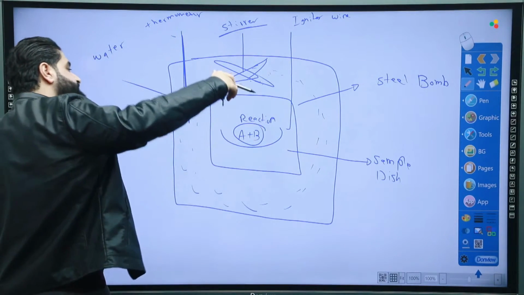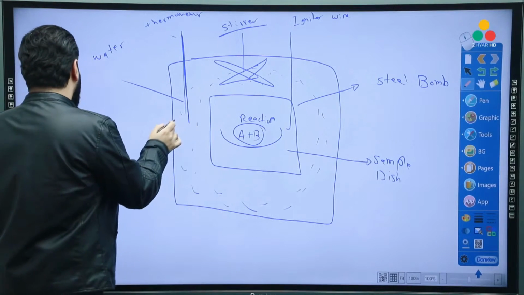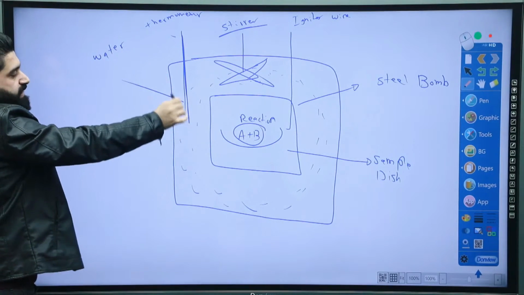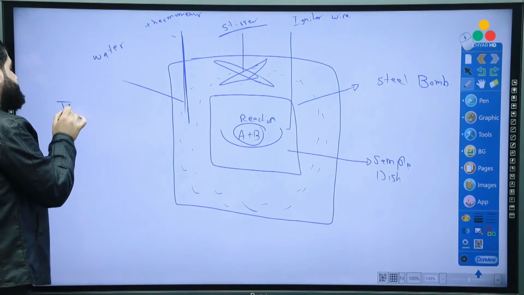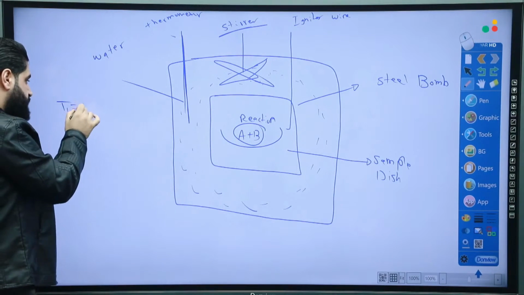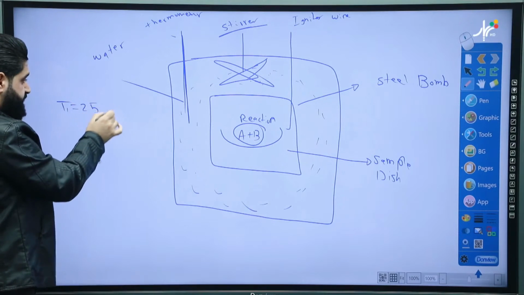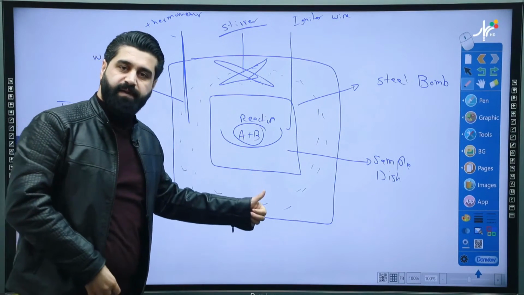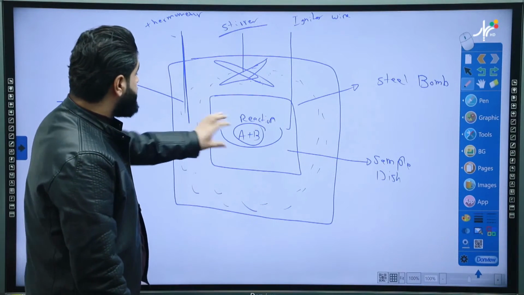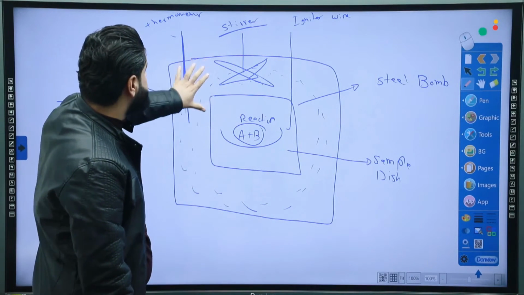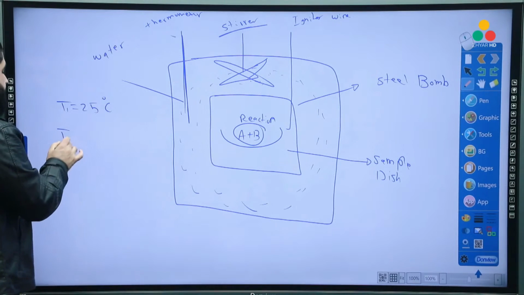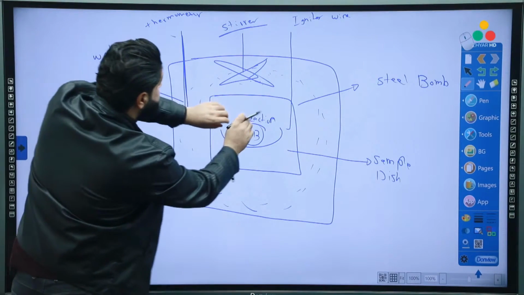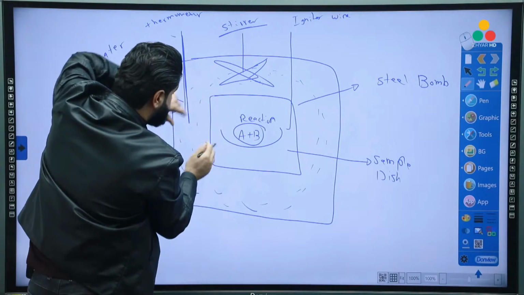So before starting the reaction, we already measured the temperature initially. I mean T1 is measured. Suppose that T1 is 25. Then when the reaction takes place, if the reaction releases energy, T2, T final, will be greater than 25, because it releases energy to water and water absorbs energy.